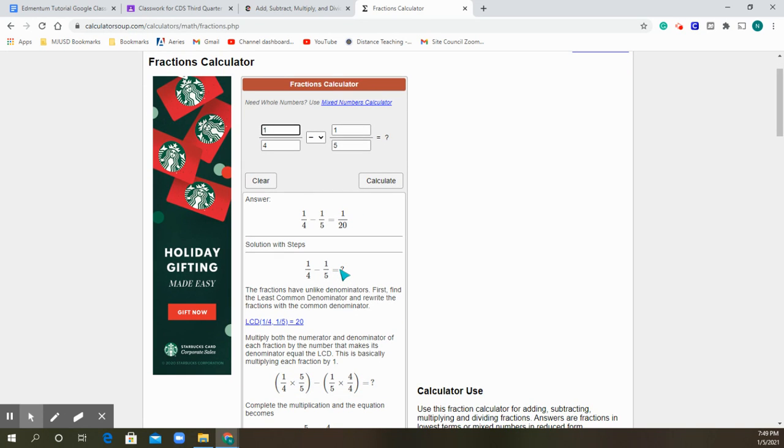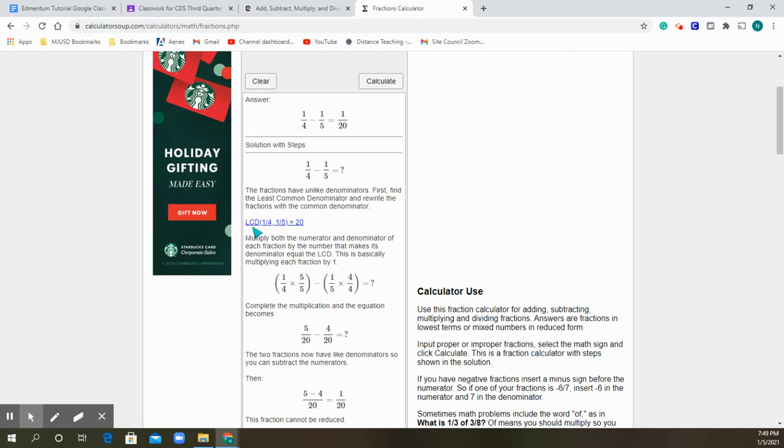Wait a minute, how did we get that? Well, there's this thing called the least common denominator. And the lowest number that both a 4 and a 5 goes into evenly, that works for both of those, is 20.